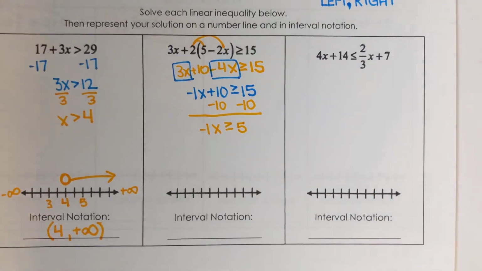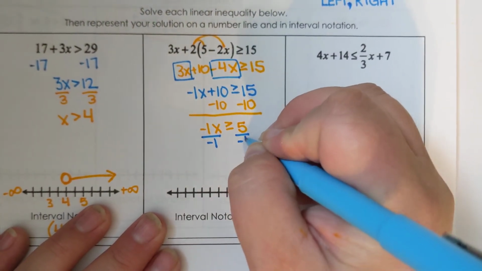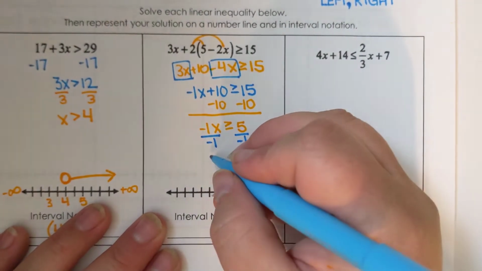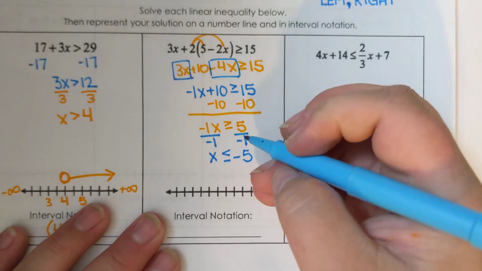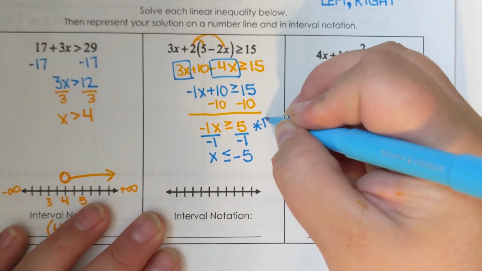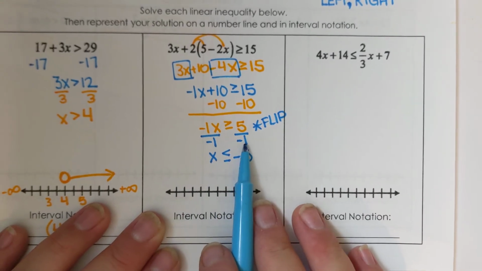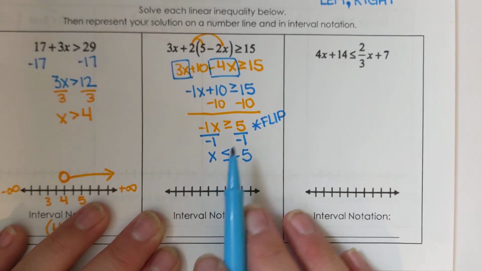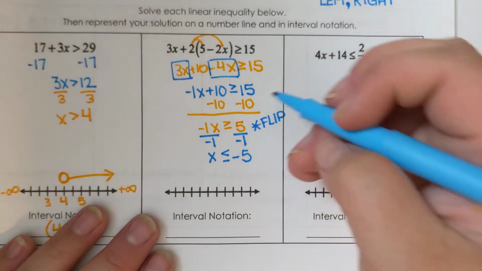Now, watch out, because we need to divide by -1. Whenever you divide by a negative, that symbol flips the other direction. Okay, so we divided by -1, which means it has to flip. And 5 divided by -1 is -5.